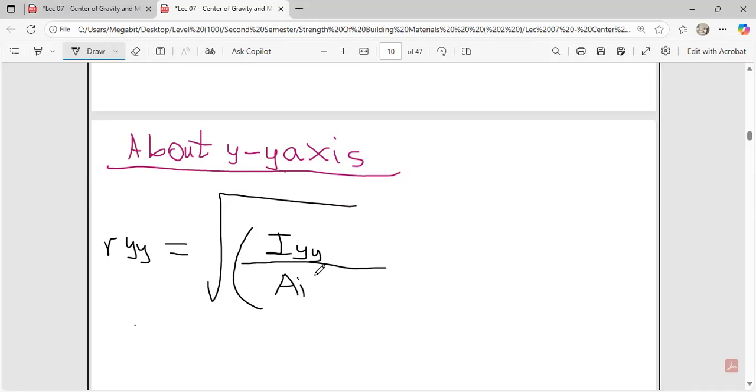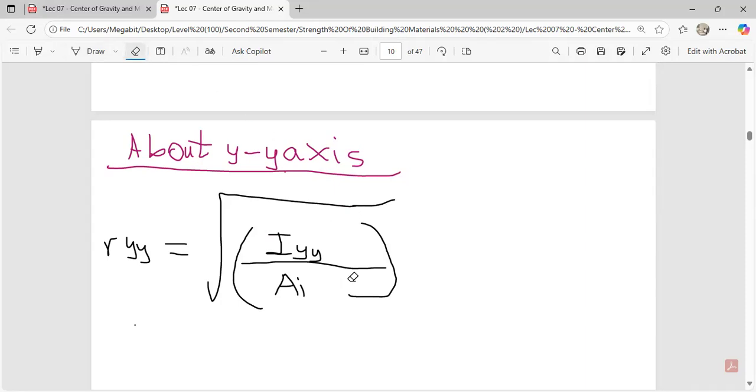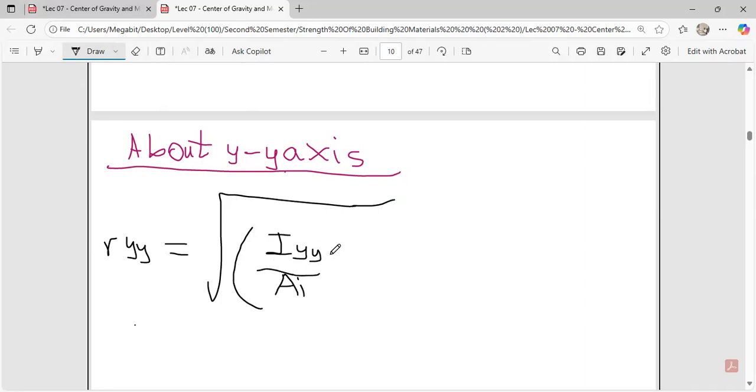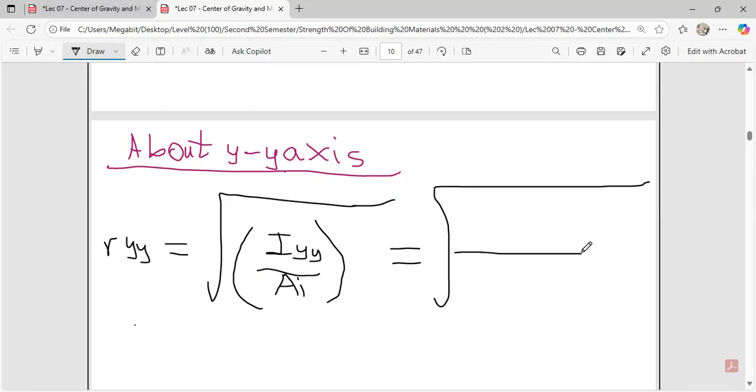Better still, we can say area at infinity. Then we can close this. When we substitute our values into the formula, at the end of the day we are going to get something like this. Let's quickly substitute our values and see what we get.